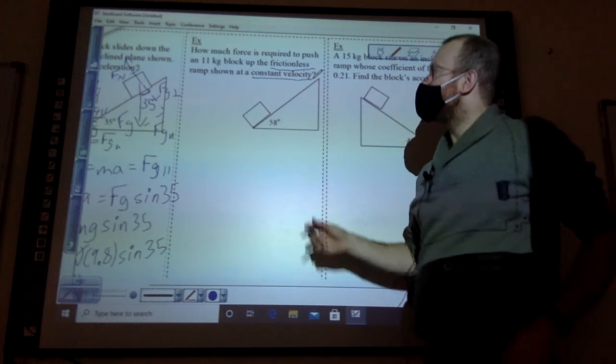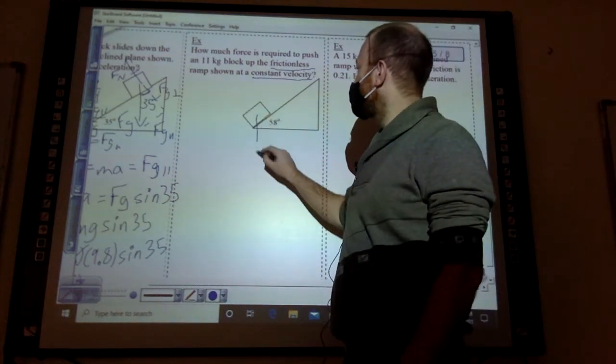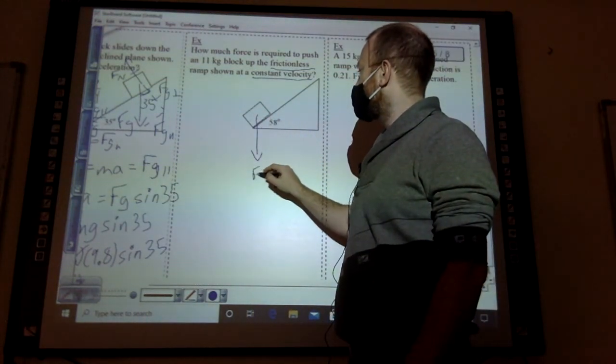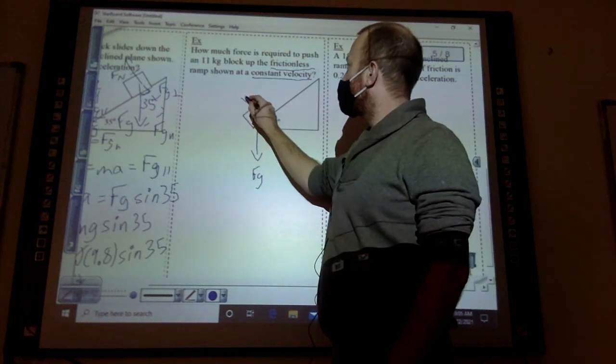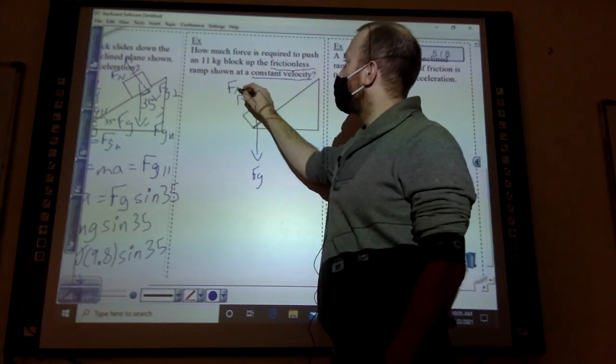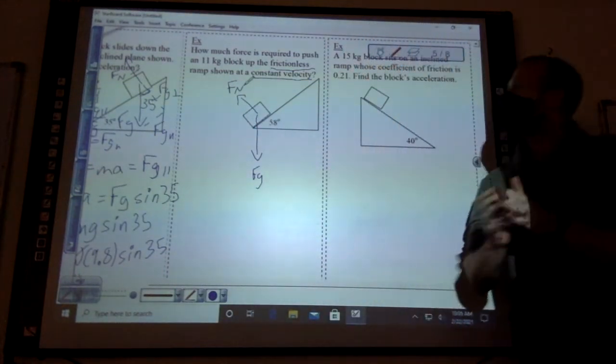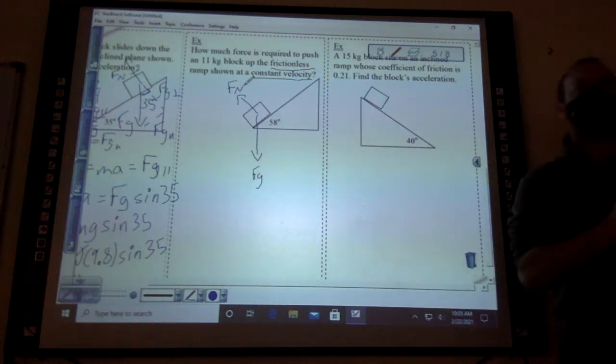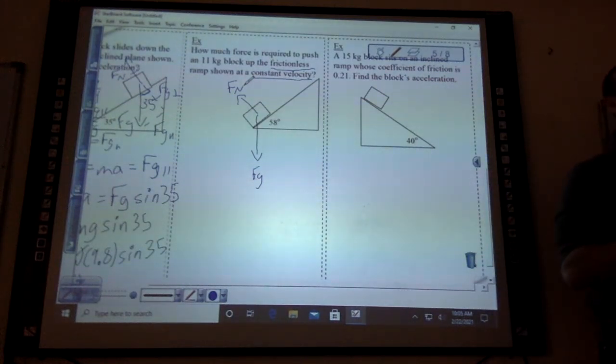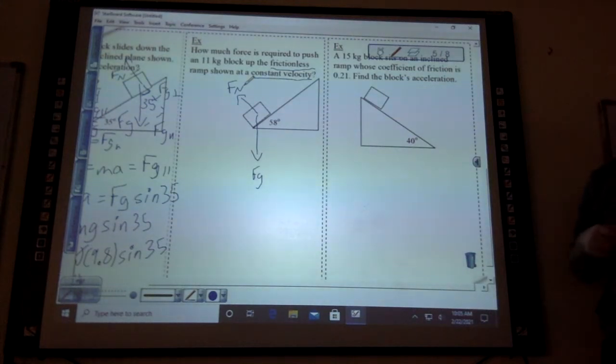So like always, let's draw out all the forces. Fg, F normal. Where would I put the applied force in this case? What do you think? With the F normal?